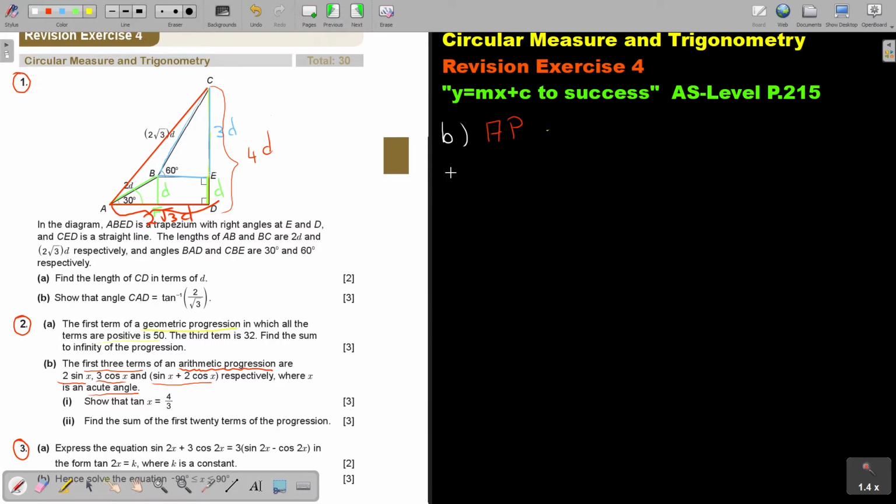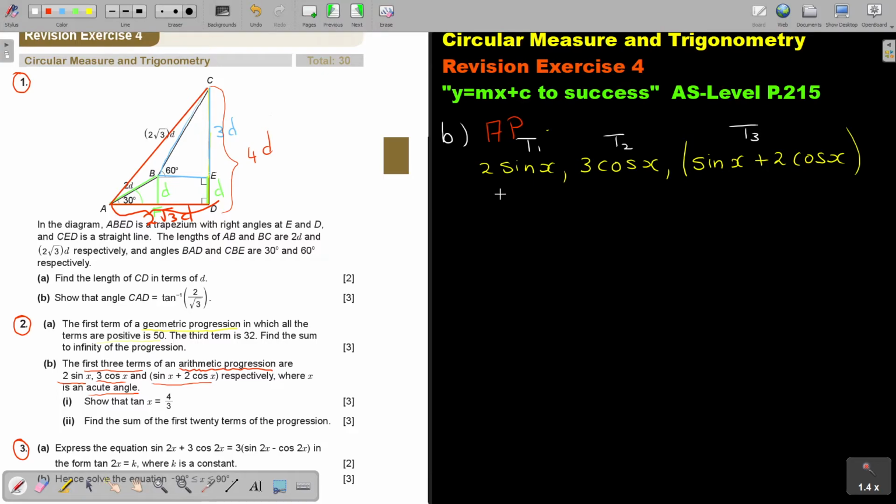Now you write down your first three terms. So it's 2 sin x, 3 cos x, and then sin x plus 2 cos x. So remember, that is term 1, that is term 2, that is term 3.